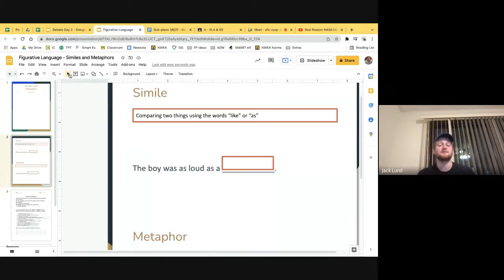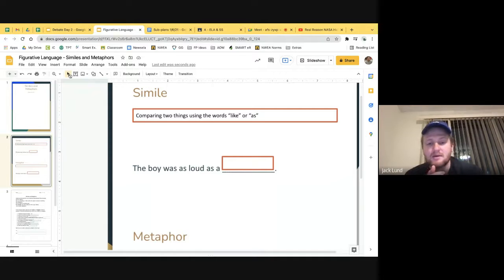So a simile is when we are comparing two things. We're saying these two things are kind of like each other, and we're using either the words like or as. So we see those two words, and we're comparing two things, saying that they're similar. That word should sound kind of familiar. Similar, simile. You see those two words, that is a simile.